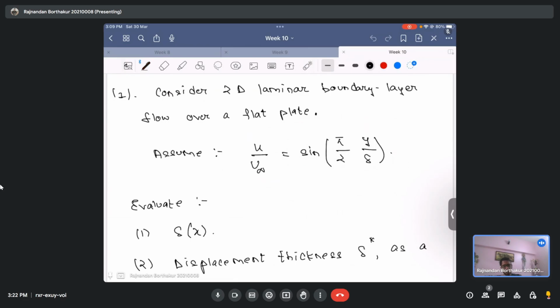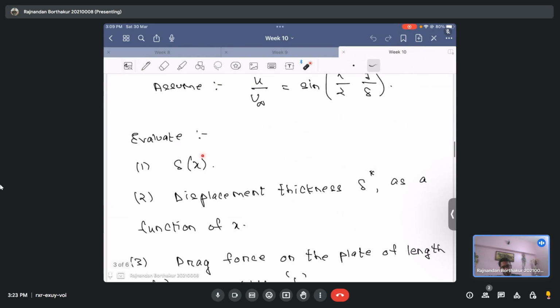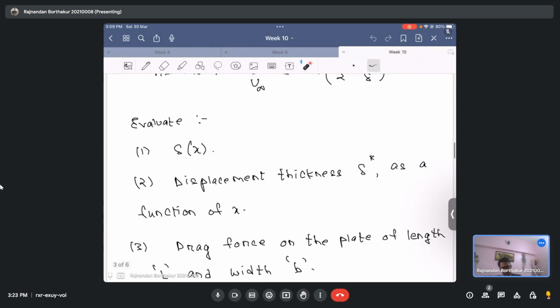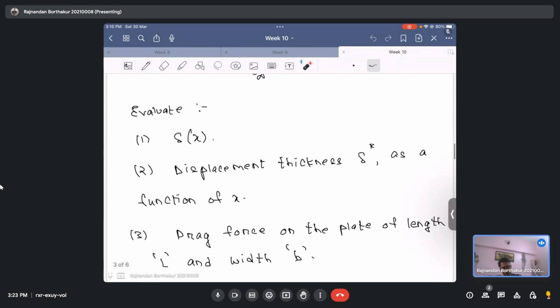But this is not what we are asked to do. We are asked to evaluate three things. First, the boundary layer thickness delta, that is, how delta varies along x. Then we are asked to evaluate the displacement thickness delta star as a function of x.